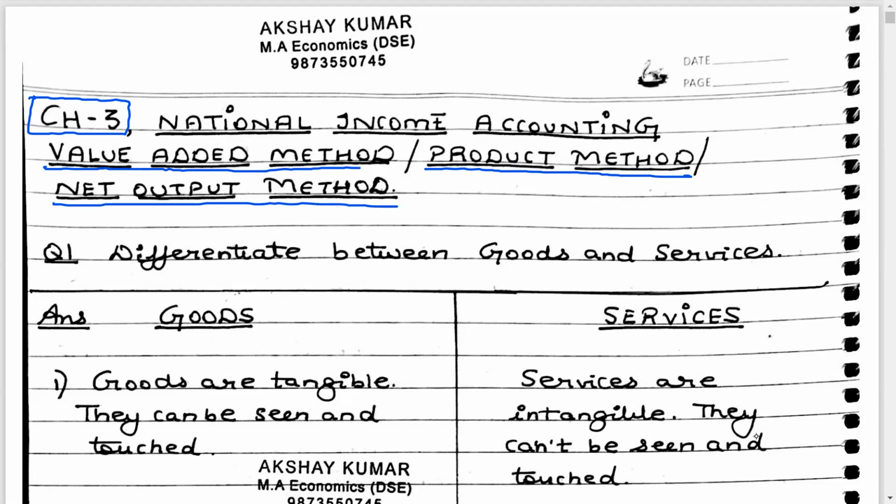So basically from this lecture onwards, we will be properly looking at the ways to measure national income. And the first method to measure national income is the product method or the value added method, also called the net output method. Now, before digging deeper into this topic, let us first understand some elementary concepts.